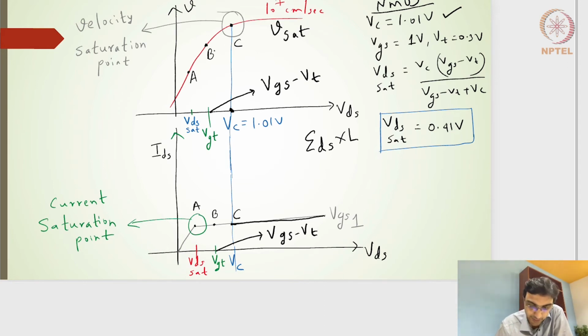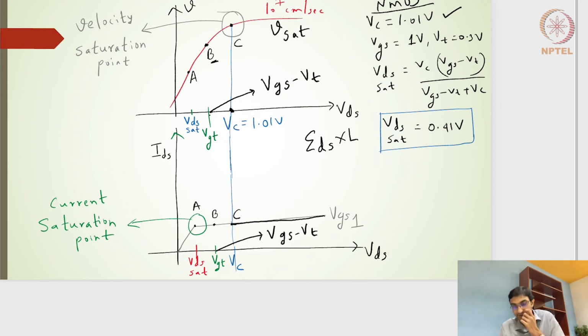And remember this point B in the velocity profile will always lie in the linear portion of the velocity profile. Point C is where the velocity saturation starts. Point B is where it is still behind the saturation point. So point B lies somewhere here, where VDS is 0.7 volts.